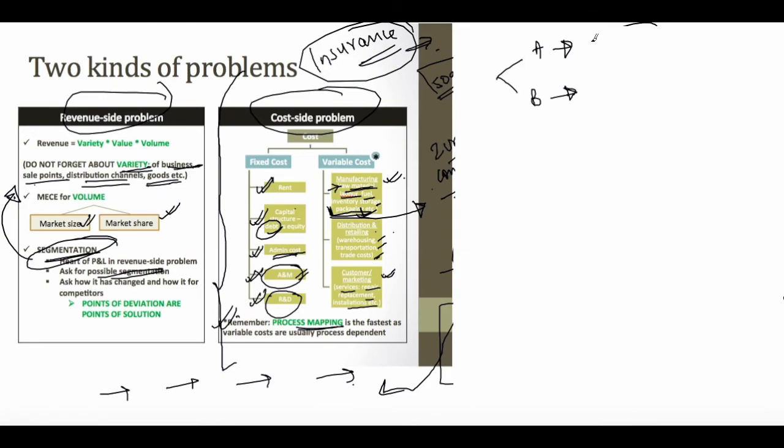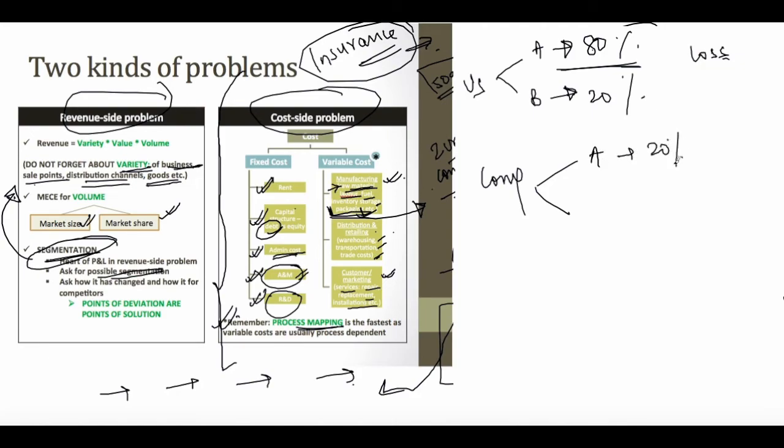Okay, so we have two products A and B. A is 80% of our volume, B is 20%. This is us. And for the competitor, now if I just ask for our mix, it does not tell me anything at all. We know we are making a loss. Our competitor has the exact opposite.